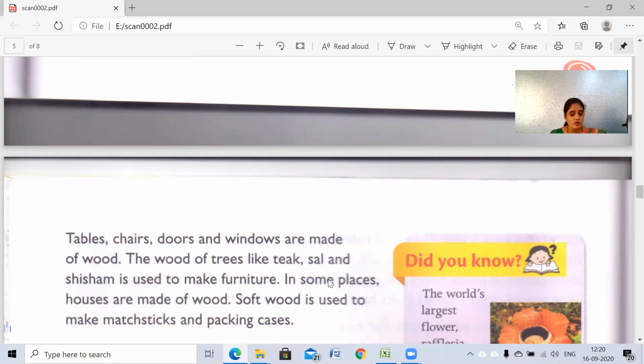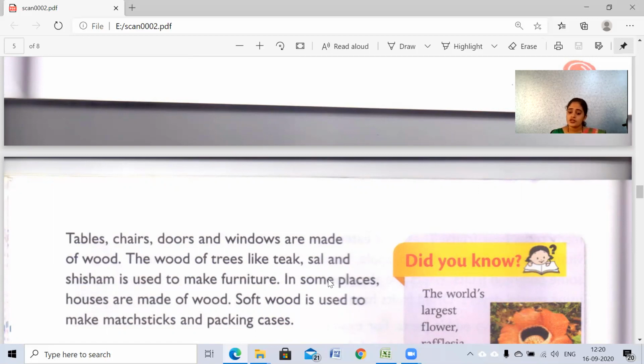From which trees do we commonly use? Teak, sal, and we can see rosewood, teakwood. From this we make furniture. In some places, houses are made of wood also, obtained from plants. Softwood is used to make matchsticks and packing cases, whereas hardwood is used to make chairs, tables, doors, windows, and furniture.